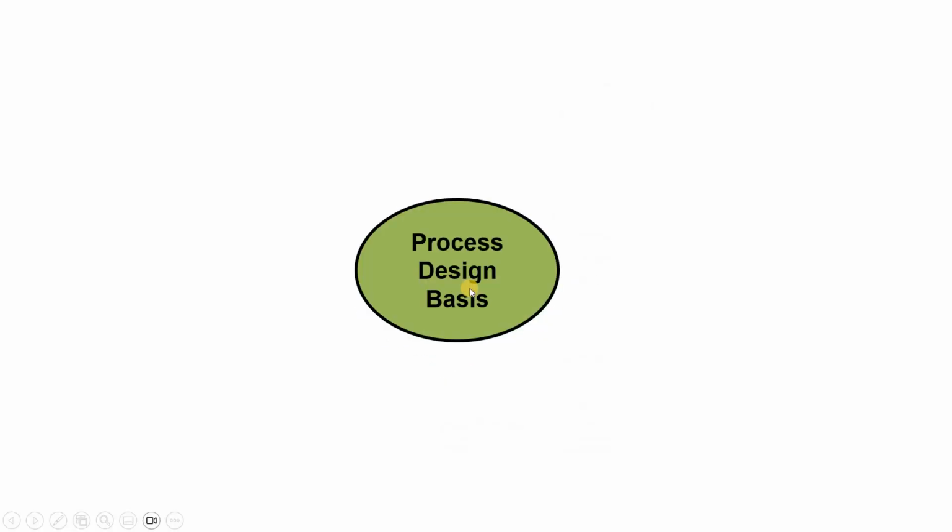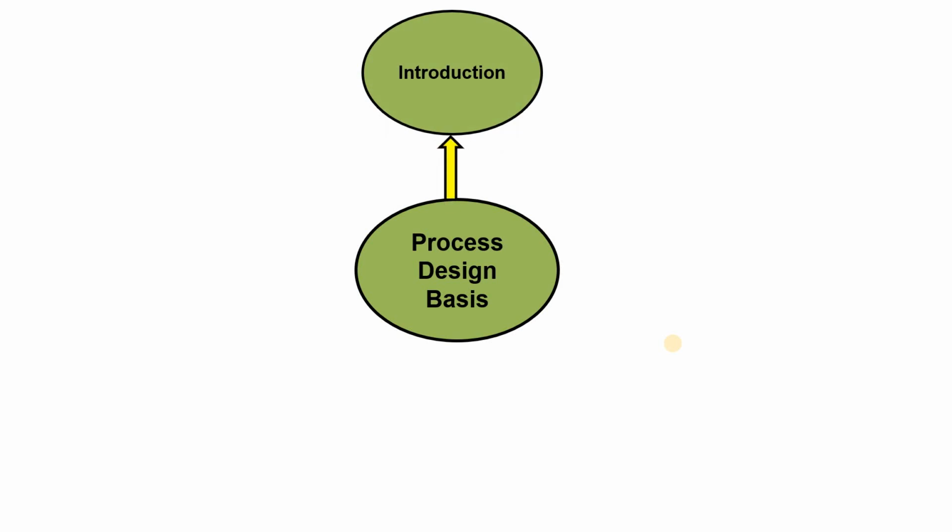Now let's understand what information we provide in the process design basis. This is very important for you, so please watch this video carefully, because it is going to be very helpful if you are a fresher. The first information we provide in the process design basis is the introduction. You give the information about your project: what is your project, what is the background of your project.